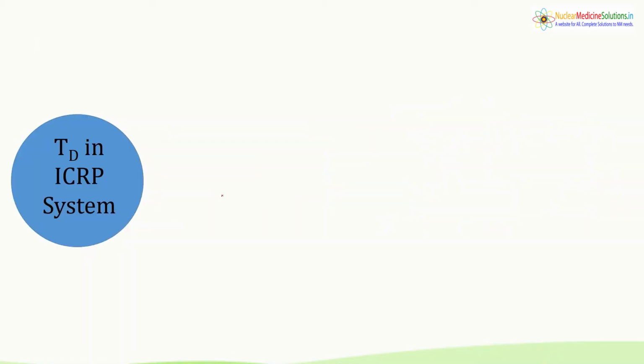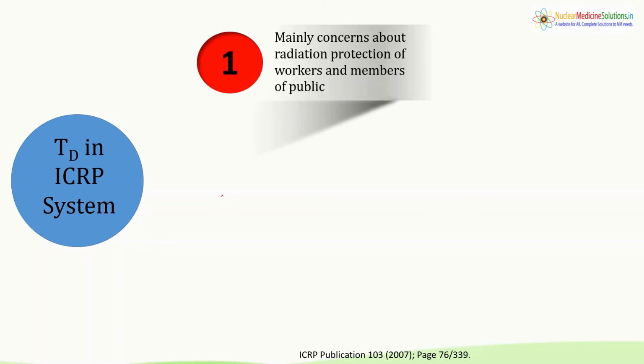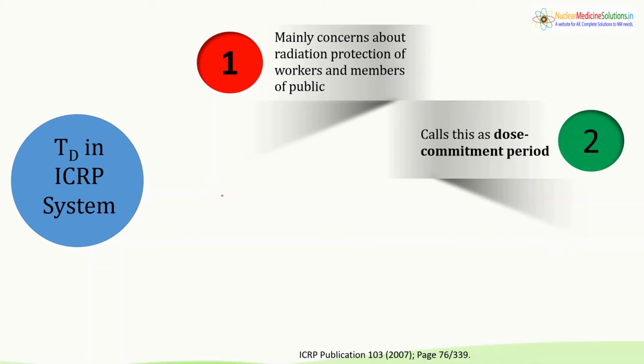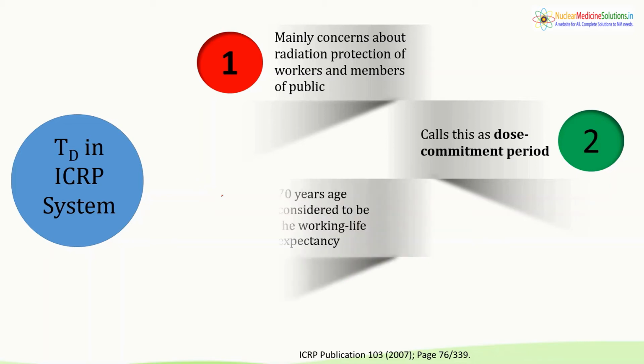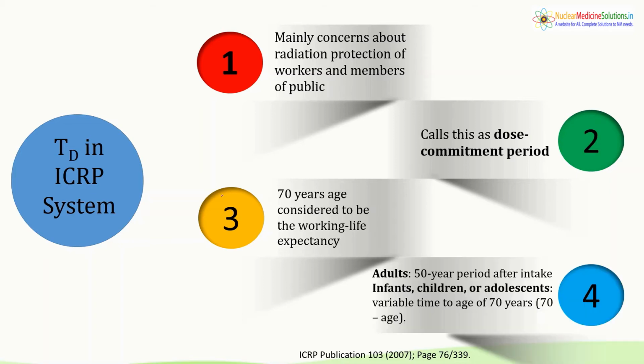But in the ICRP system, which mainly concerns radiation protection of workers and members of the public, this term is called the dose commitment period. They do not call it the dose integration period. They take 70 years as the working life expectancy, because they are more concerned with workers.